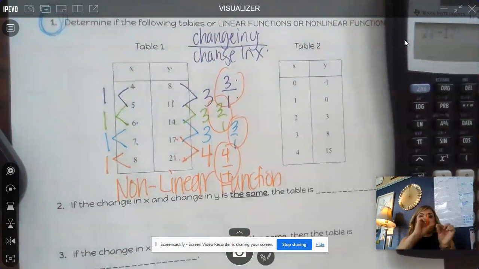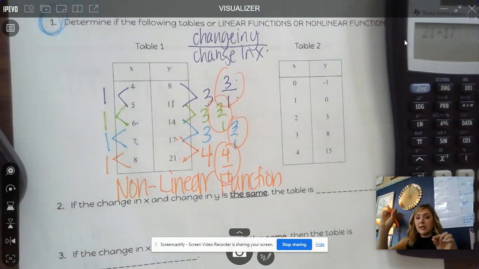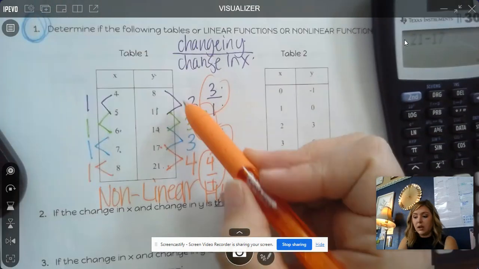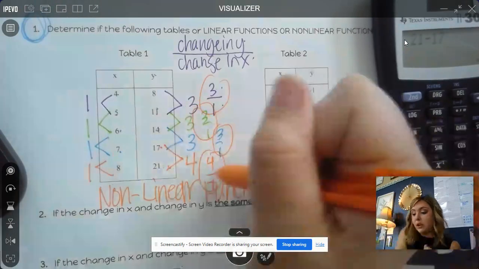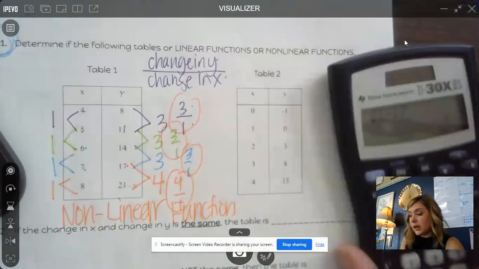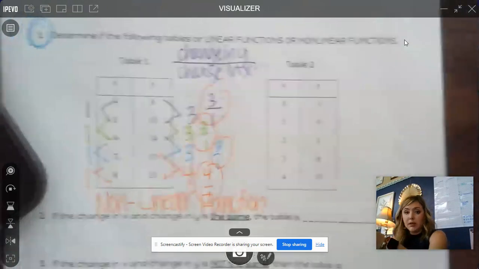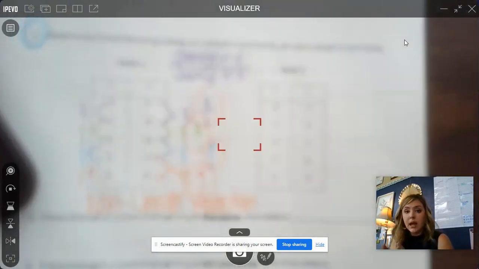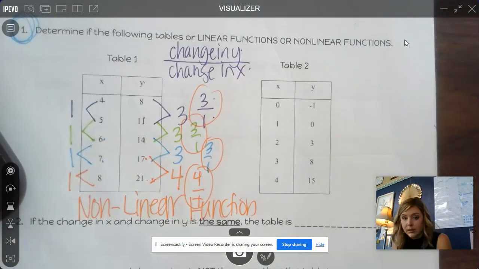It just is not going to make a perfectly straight line anymore. It's going to curve or shift a little bit when you graph this one. I'd like you to take a second, pause, and try this one right here, and tell me if it's linear or nonlinear while this is fresh in your head.